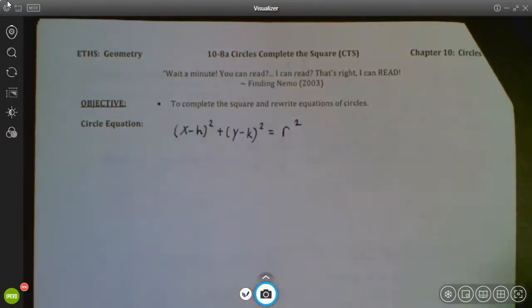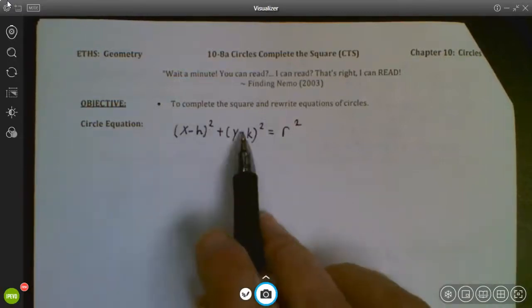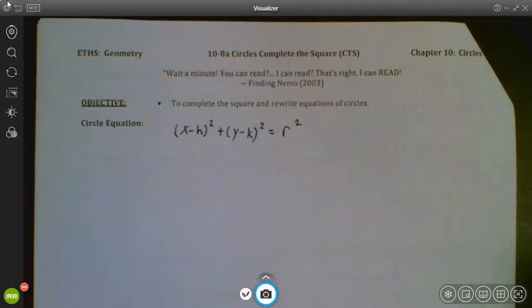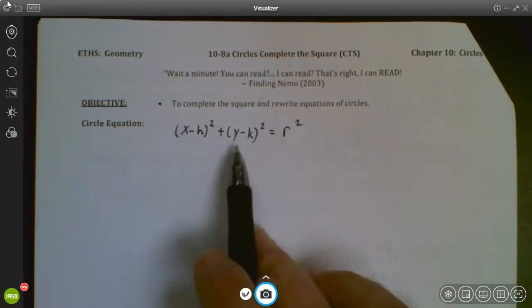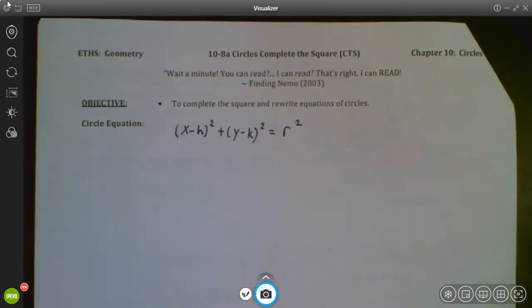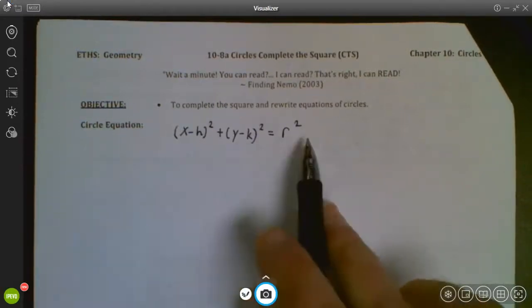But the difference with circles, and the reason we did parabolas first, is that the thing that's a little tougher with circles is you now have two of them rather than one of them. With the parabola, you only had one quantity squared. With the circle, you now have two quantities squared, so we actually have to do a completing the square process twice in order to get this into standard form. So this is what we're shooting for.